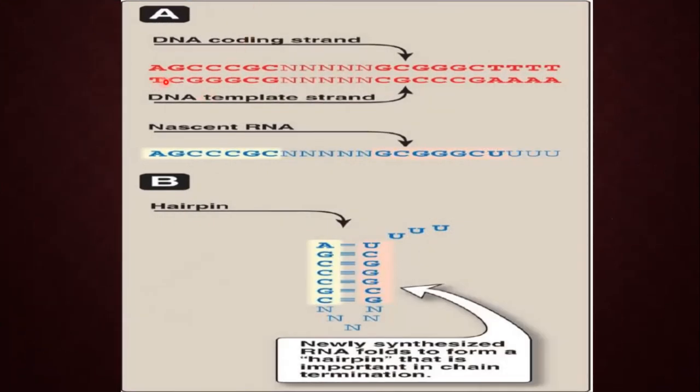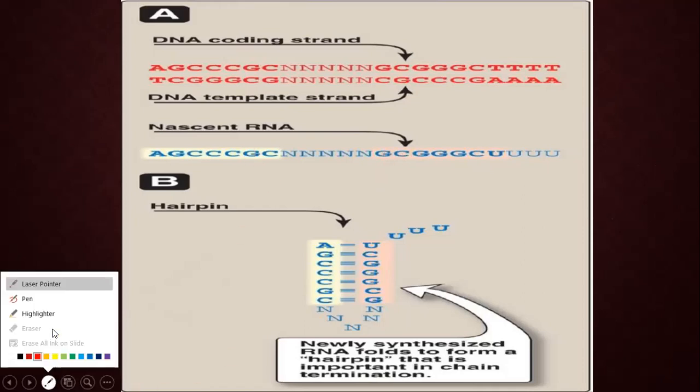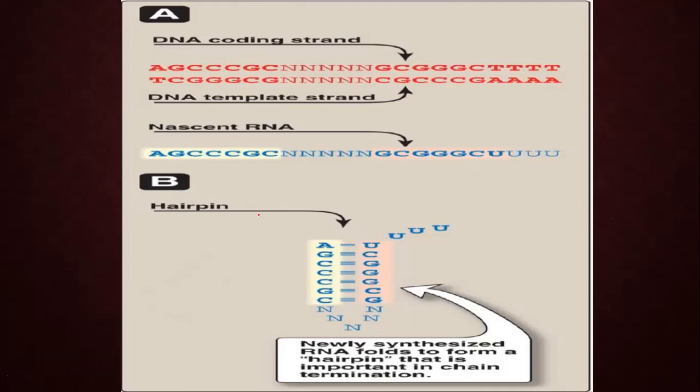Here you can see in the DNA template strand, this region here and this region here are self-complementary, such that the nascent RNA formed can fold back on itself. Let me take a pen and show you what I'm saying. You can see this C here can bind with this G here, and this C here can also bind with this G here, and they will form this hairpin structure.